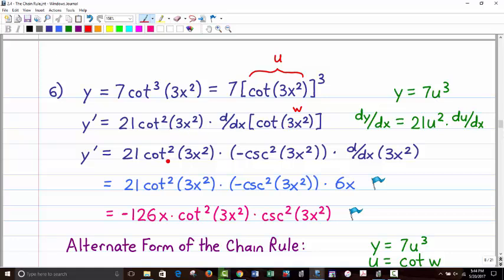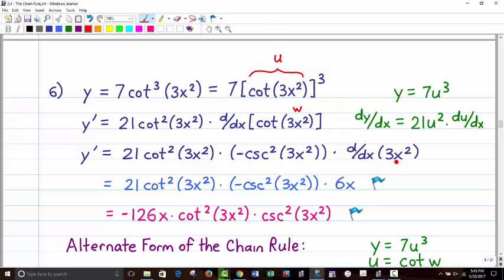So this just drops down. The derivative of cotangent is negative cosecant squared. So it's going to be negative cosecant squared of 3x squared times the derivative of 3x squared. So we've got to take the derivative of that inside. This was the inside part to take the derivative of. Now that inside had its own inside, which is right here.